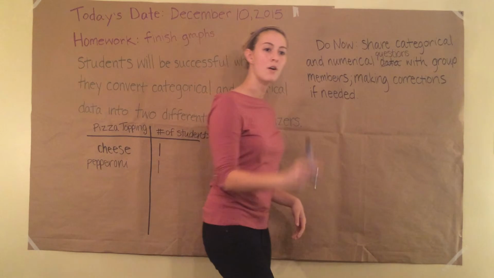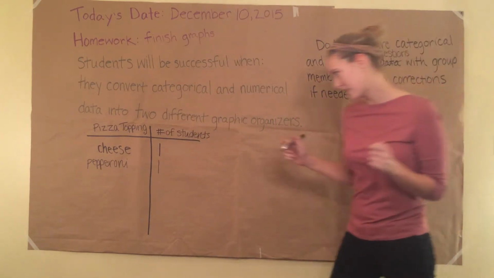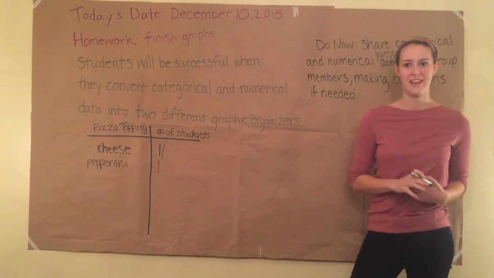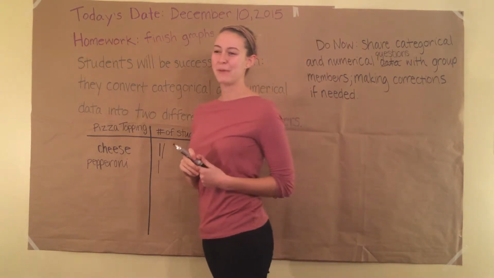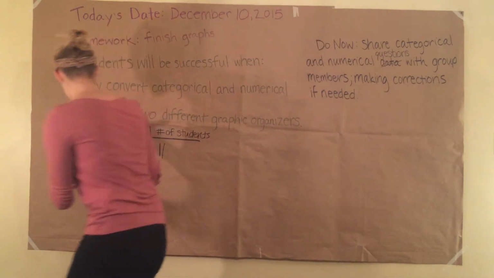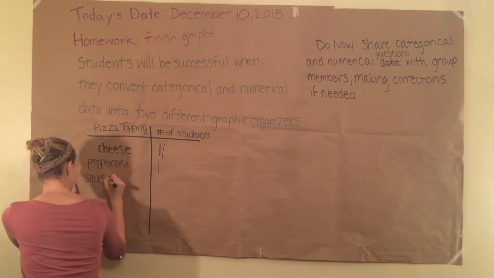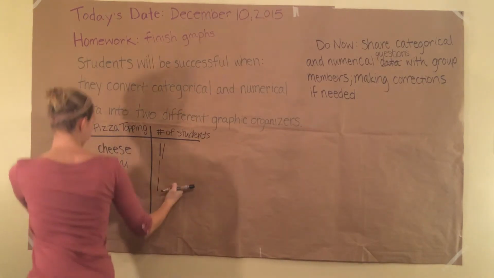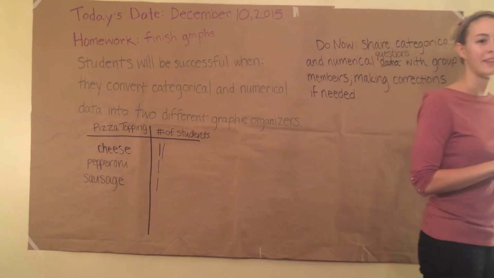Very good. What about you? What is your favorite pizza topping? Cheese. We have another cheese. I haven't seen any vegetables yet, guys. All right, yeah. What's your favorite pizza topping? Sausage. All right. Yes, favorite pizza topping.